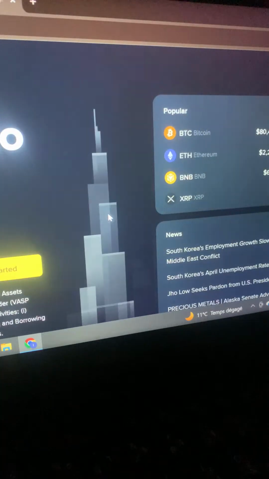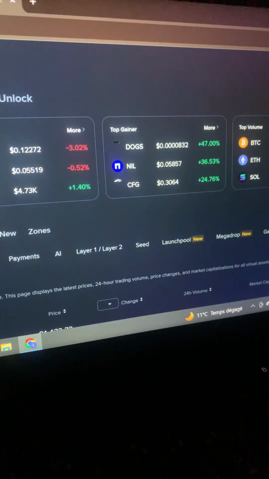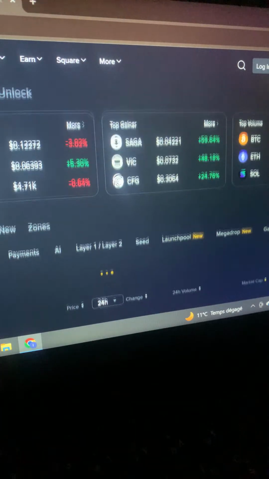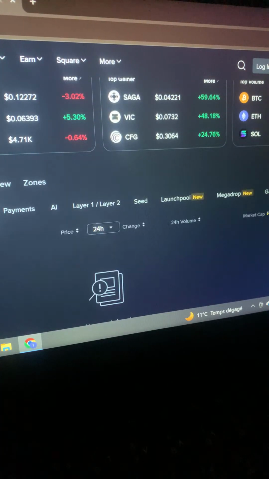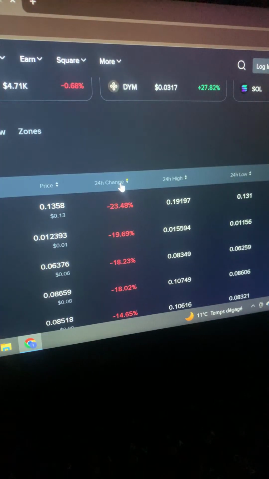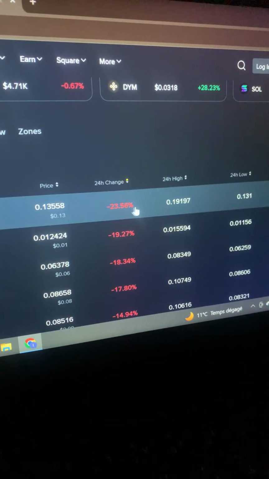Okay, so we go to Binance and then we see markets, which currency is trending today, because we want to go into a currency that is already trending and also has attention. We're not going to trade something that is not volatile. GTC today is dropping 23%, which is this one.